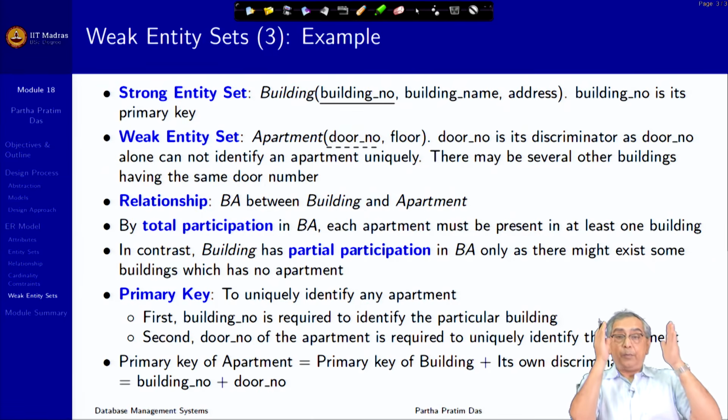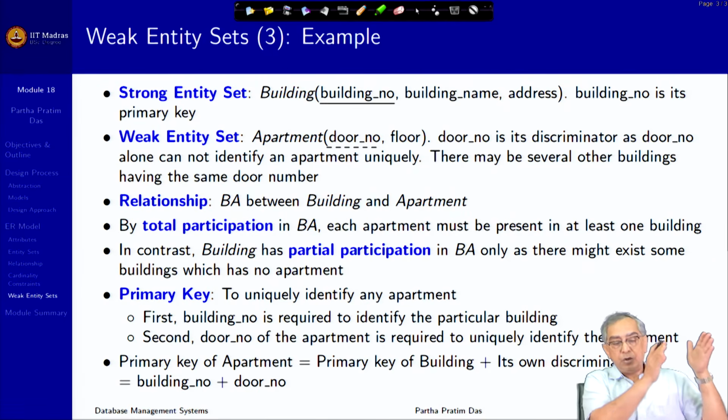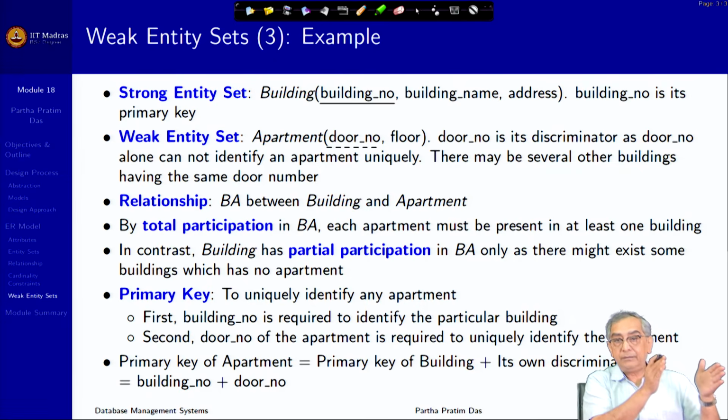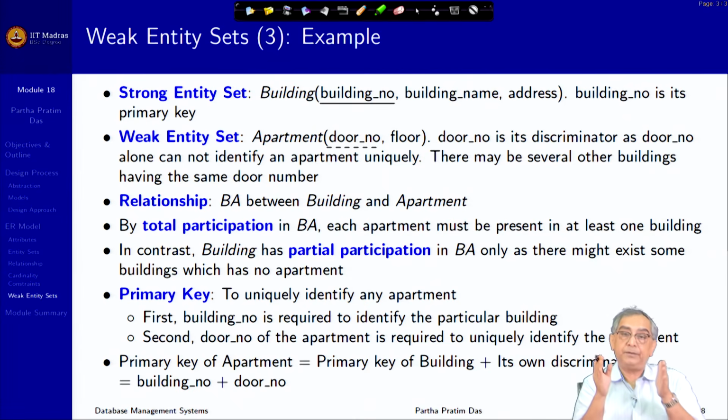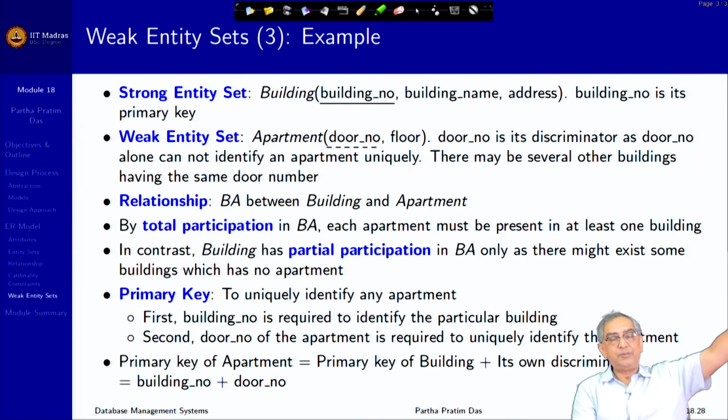It is the primary key of the strong entity set building and your own discriminator, the weak entity set's discriminator, which is door number here. These two together will form the primary key of the weak entity set. So, you can see that, through the relationship, it is borrowing the identity from some other entity set.